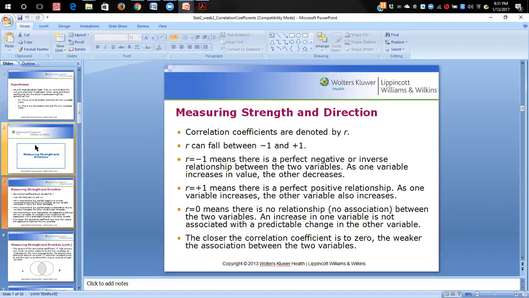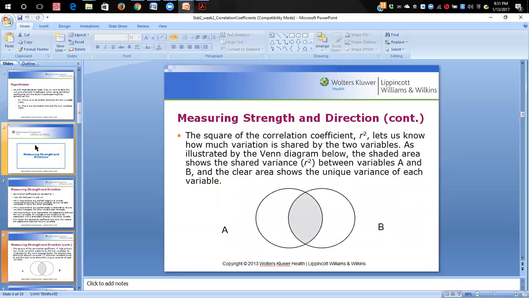So in summary, the closer the correlation coefficient is to 0, the weaker the association between your independent and your dependent variable. It can be represented by this diagram of your A, which is your independent variable, and your B, which is your dependent variable, and how closely related they are.